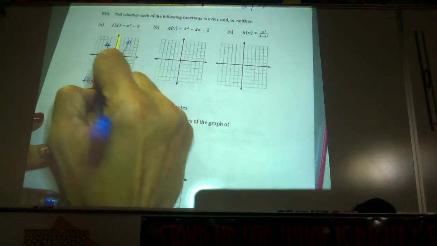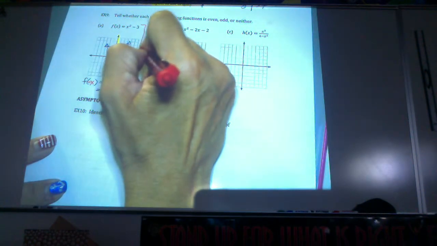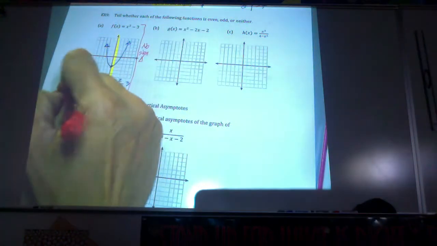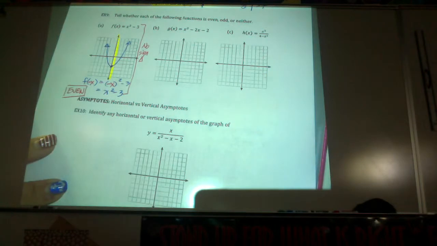And so a -x squared is a +x squared, and the -3 doesn't change. Aren't these the same? No sign change. So this is an even function. And it's symmetrical with respect to the y-axis.